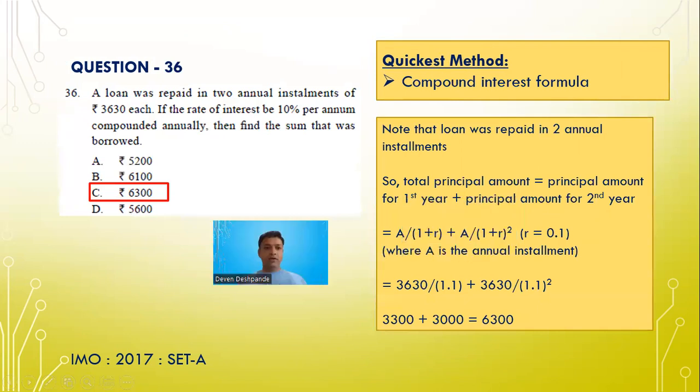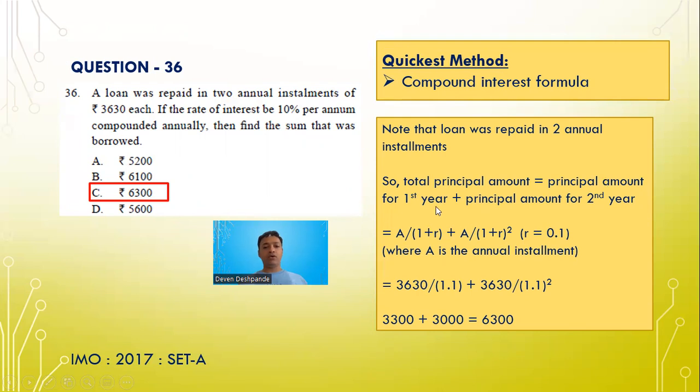Okay. Question 36. A loan was repaid in 2 annual installments of rupees 3630 each. If the rate of interest be 10% per annum compounded annually, then find the sum that was borrowed. Okay, so it is compound interest and the loan was repaid in 2 annual installments. So what is the total principal amount?